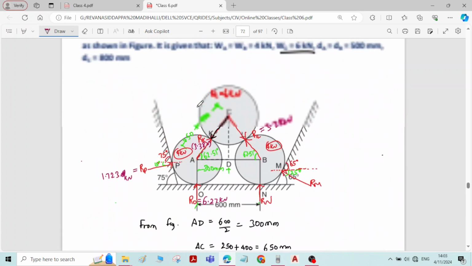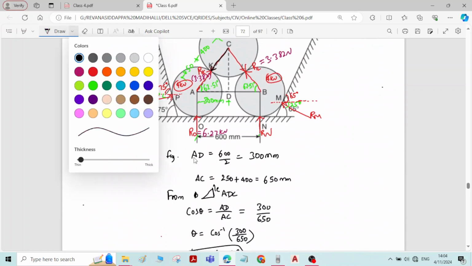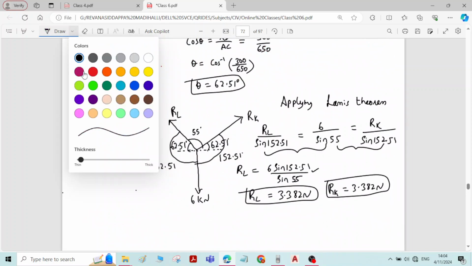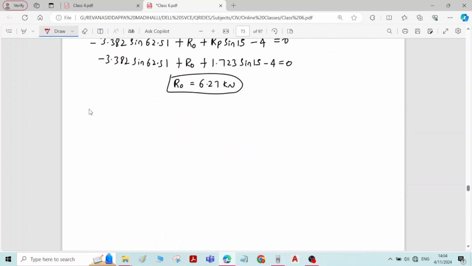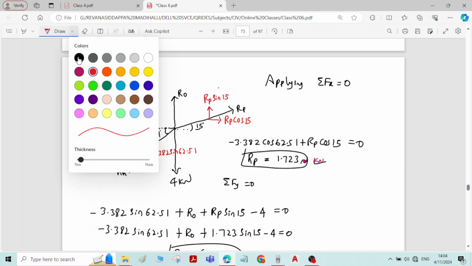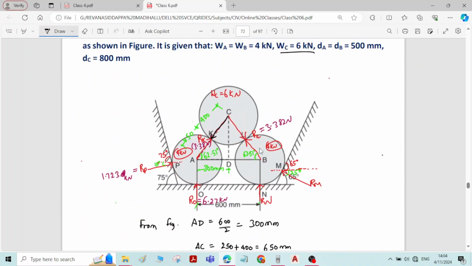Now the remaining sphere is sphere B. Consider sphere B now. Write the free body diagram similar to sphere A. For sphere B, the self weight is similar to sphere A, that is 4 kilonewton, always in vertical downward direction.